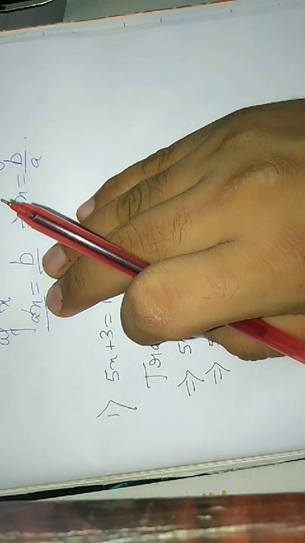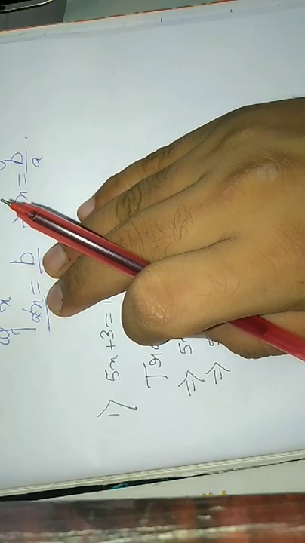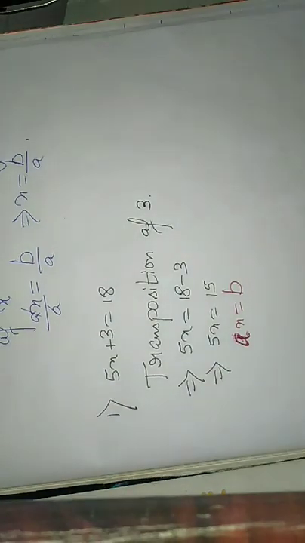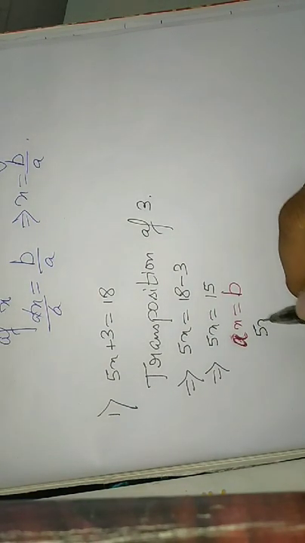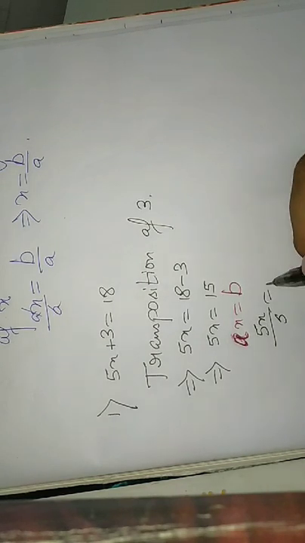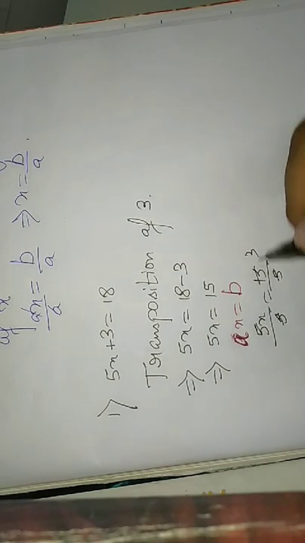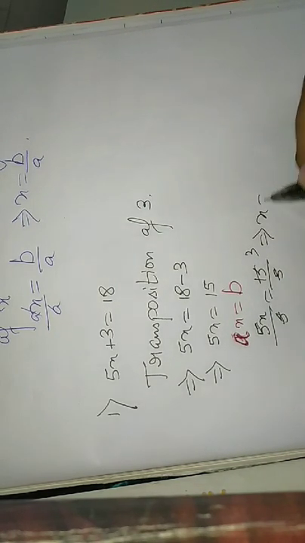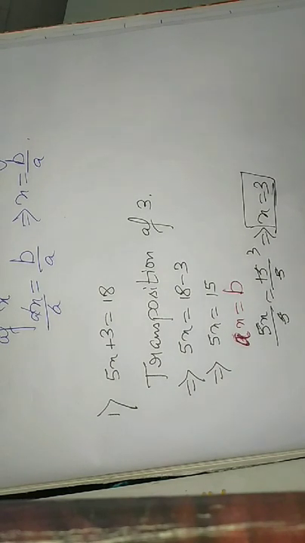We'll have to divide both the sides by a. So we'll be dividing by 5: 5x by 5 is equal to 15 by 5. 3 times, and this 5 is done. So x is equal to 3. The value of x is 3.